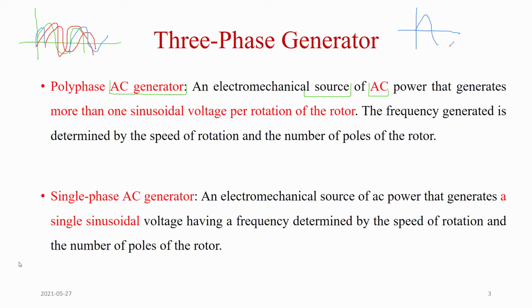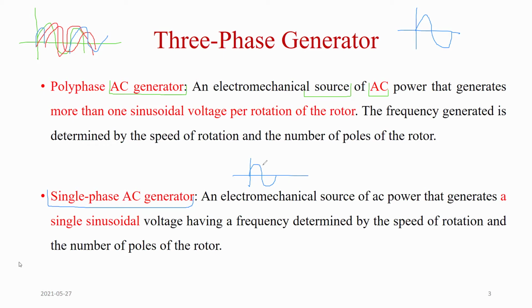This is one single phase. The frequency depends on the rotation of the generator. There are other generators that give you single phase, but those are not common; they give you only one wave. This is an AC voltage, and the generator is going to give you that.